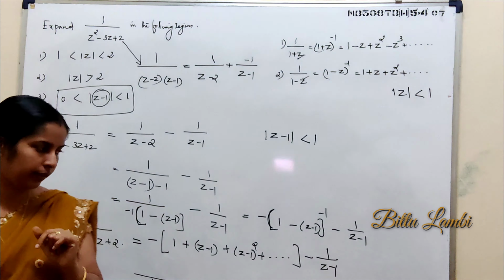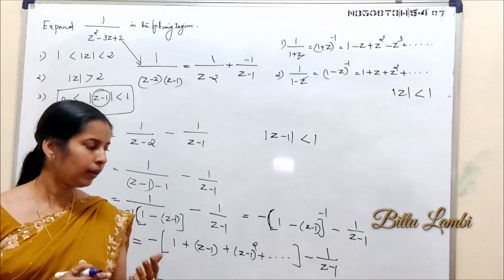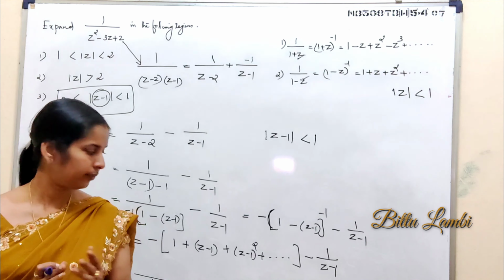Really b2, b3 etc. are zeros. And now all the terms are powers of z minus 1. The first term, the constant 1, there is no need of rewriting, but you can consider it as z minus 1 raised to 0. Now all the terms are in powers of z minus 1. So that's the required Laurent series expansion of the given function in the region 0 less than mod z minus 1 less than 1.